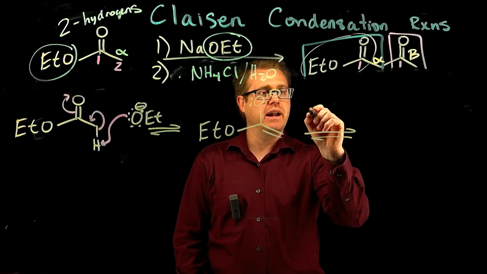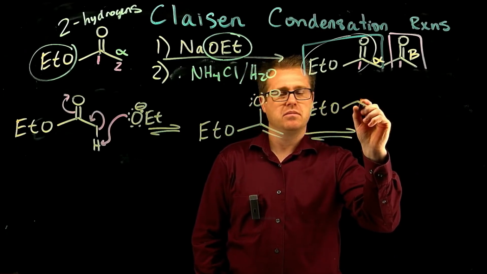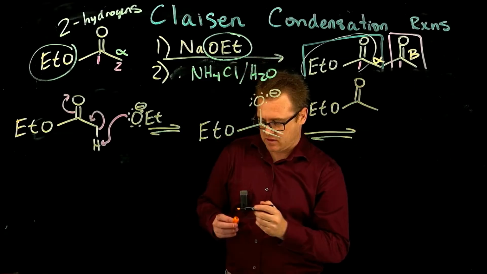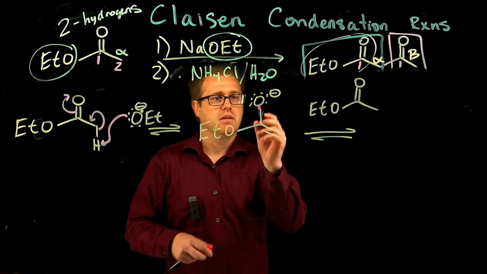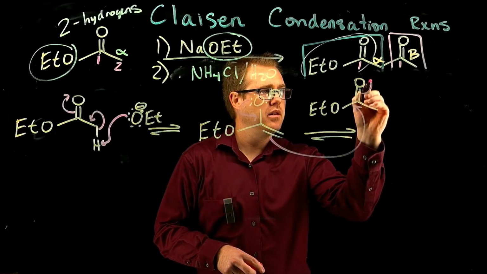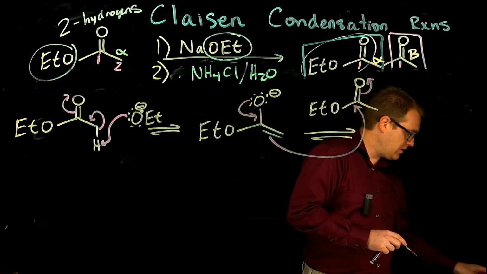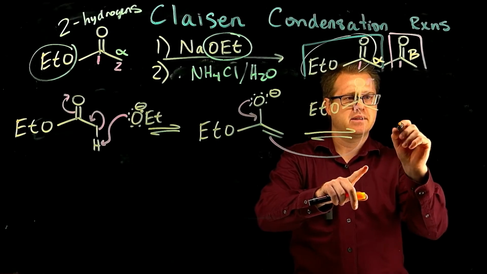And now it's just going to react with itself. So mechanistically, that's going to collapse back down. That's going to come in and do that. Now, let's just keep it consistent here.